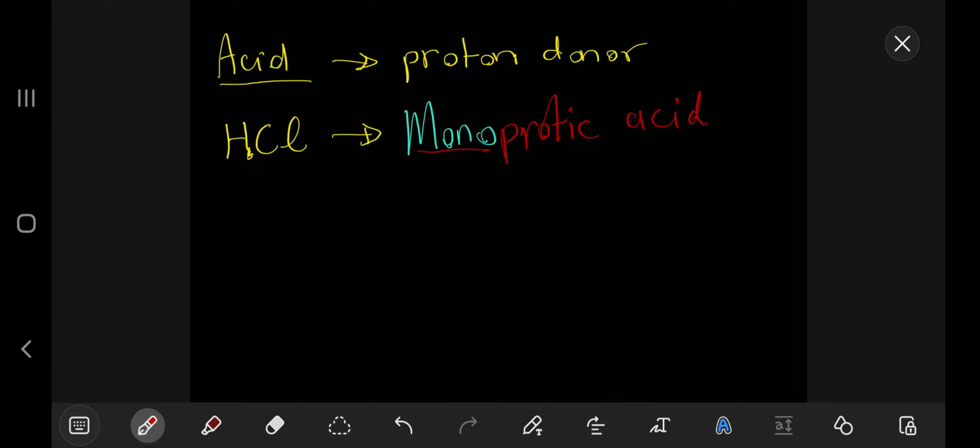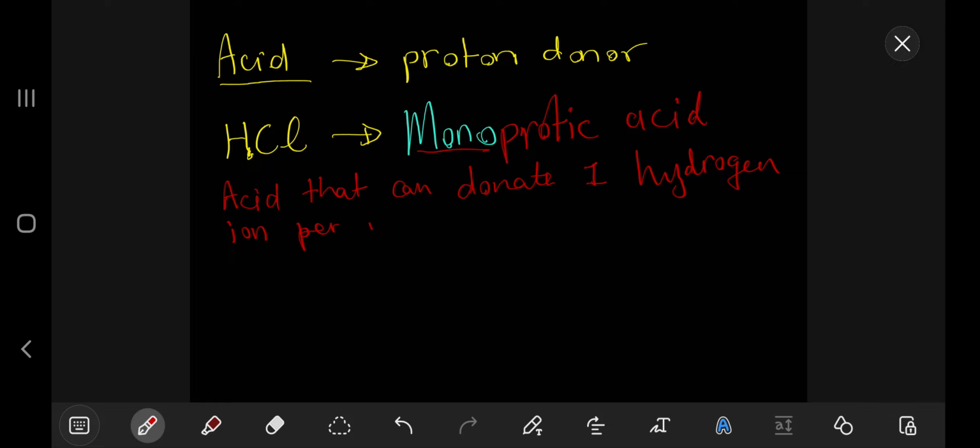Mono means one, it can only donate one, right? So this is an acid that can donate one hydrogen ion per mole of the acid.